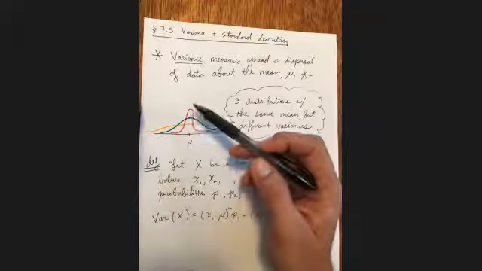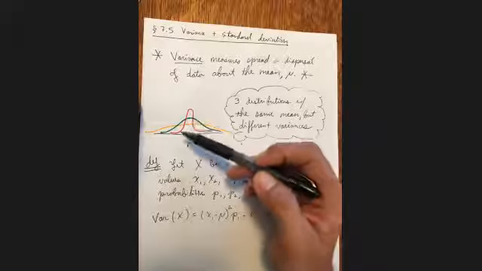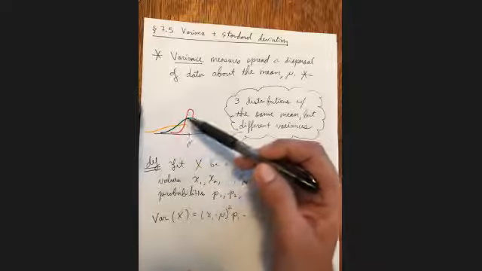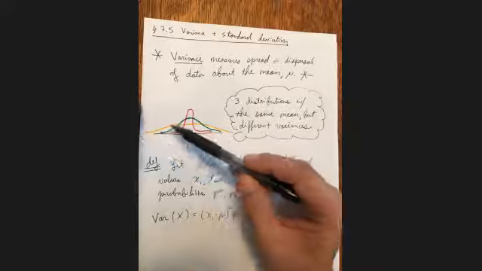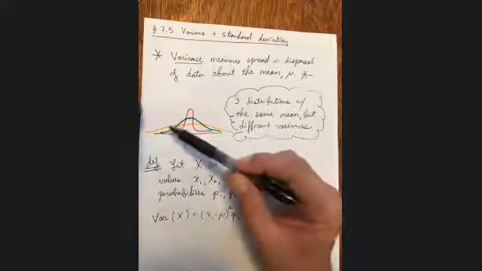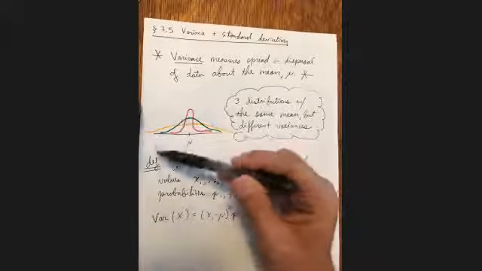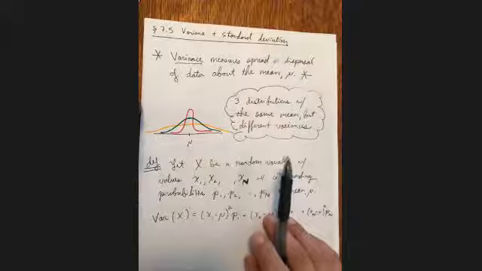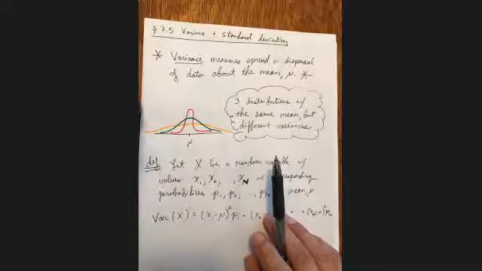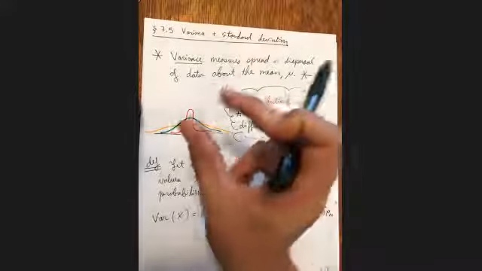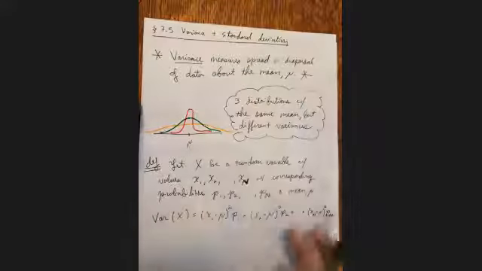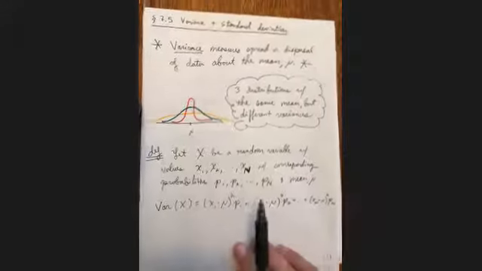The red one is very tightly clustered around its mean, whereas the green one is a little bit more spread out relative to its mean, and the yellow one's very spread out relative to its mean. So while all three of these probability distributions would have the same mean, they would all have different variances. Okay, so the variance measures how spread out the probability distribution is.